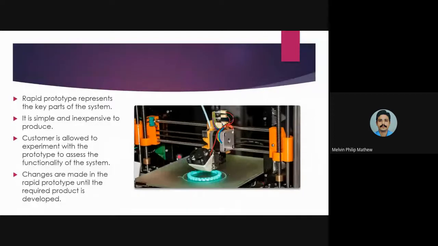So a 3D printer immediately prints the set design, and then we can test it on the basis of the material used in 3D printing. This is one of the techniques employed for prototype testing, so this comes under rapid prototype testing.